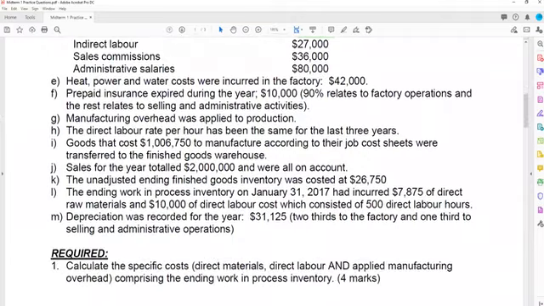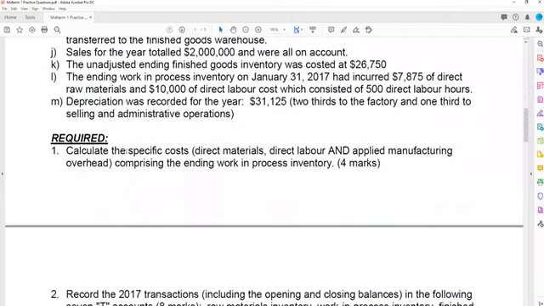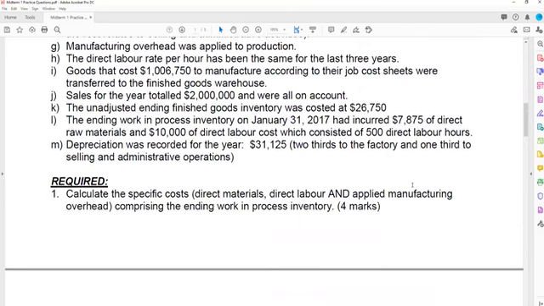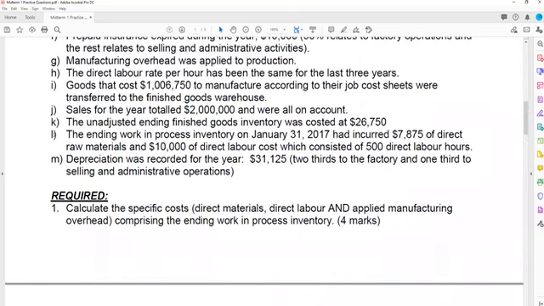Then, as part of the requirements, we're asked to calculate the specific costs, direct materials, direct labor, and applied manufacturing overhead comprising the ending work in process inventory. The ending work in process inventory had incurred $7,875 of direct raw materials and $10,000 of direct labor cost, which consisted of 500 direct labor hours.